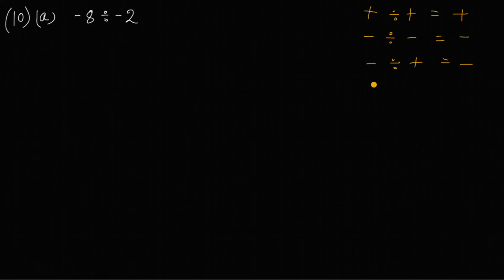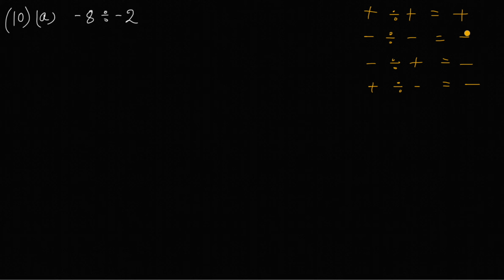Question number 10a is minus 8 divided by minus 2. For this I'm writing all the operations here. Positive divided by positive will give you positive, negative divided by negative will give you positive, negative divided by positive will give you negative, positive divided by negative will give you negative.